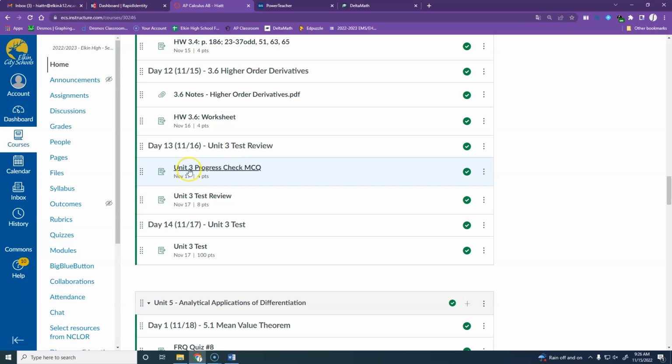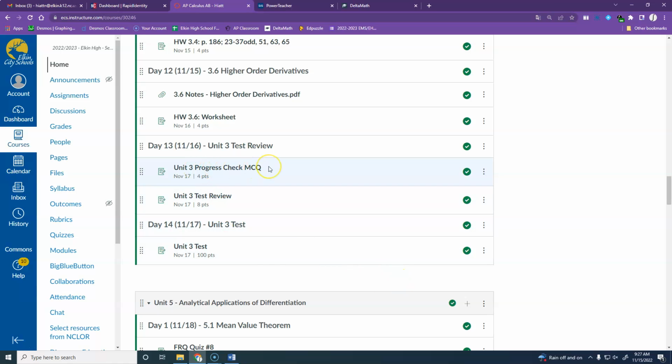The progress check is also going to be assigned. It is just the multiple choice part. Hopefully you're going to get this done right now, I would try to do this tonight to not be overloaded studying for your tests. That would be my suggestion on that.